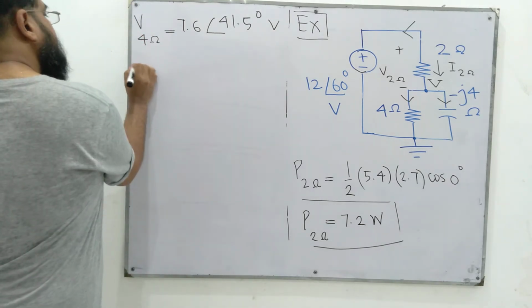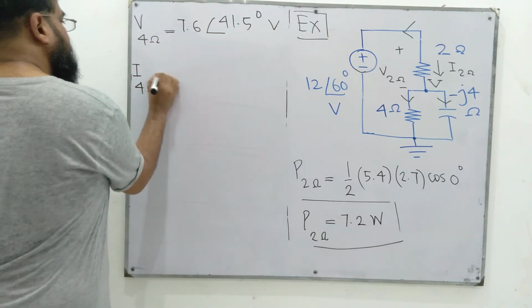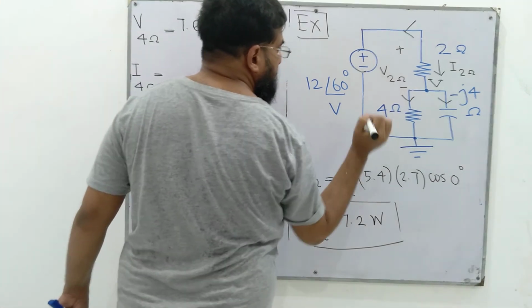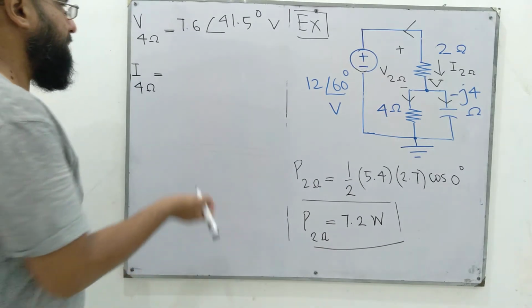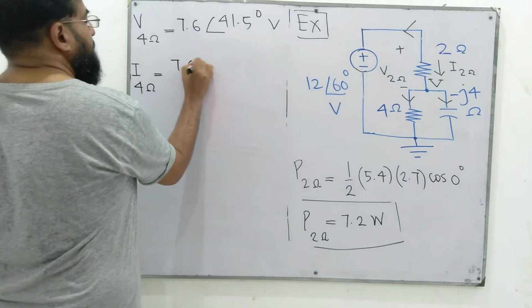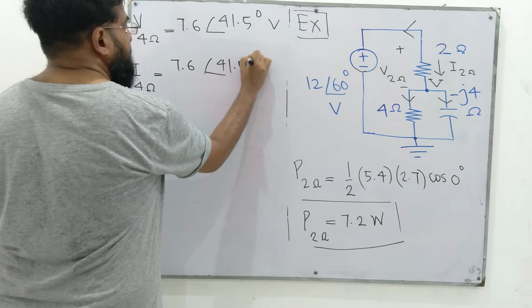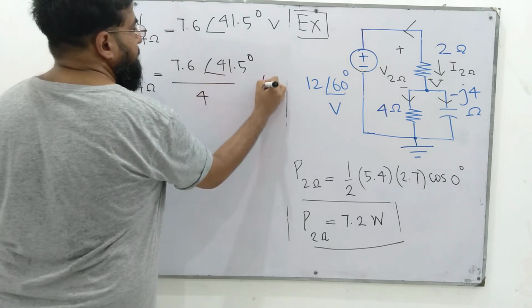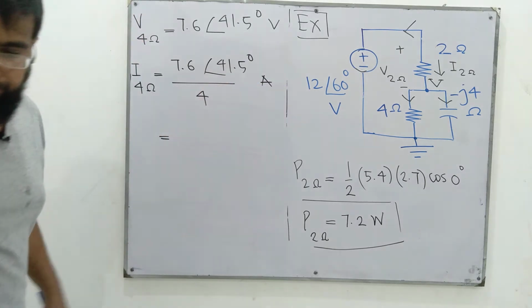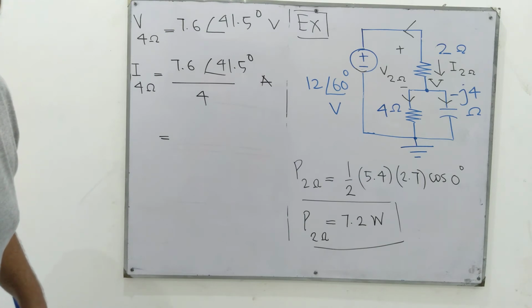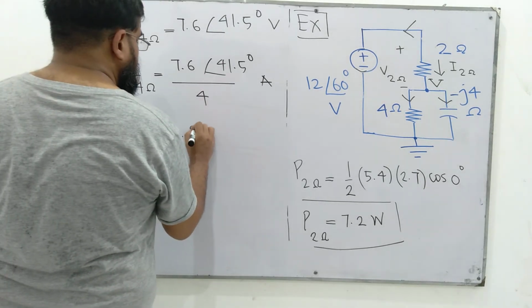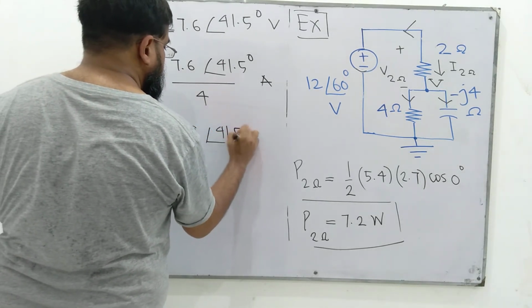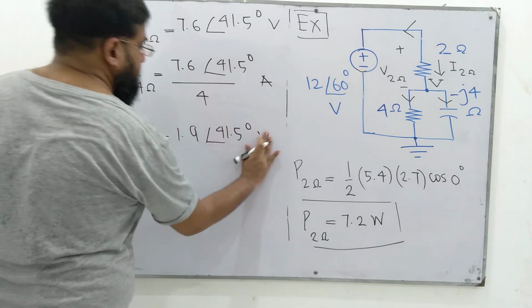And finding current is straightforward. I through 4 ohm, this current, would be V divided by 4, according to Ohm's law. So 7.6 at an angle of 41.5 divided by 4 amperes. So 7.6 divided by 4 is 1.9 at an angle of 41.5 amperes.